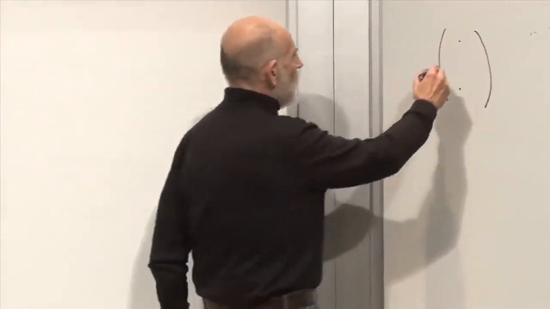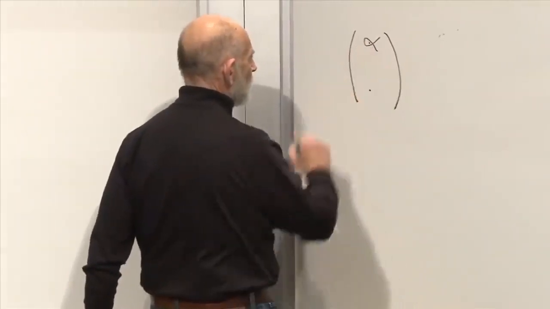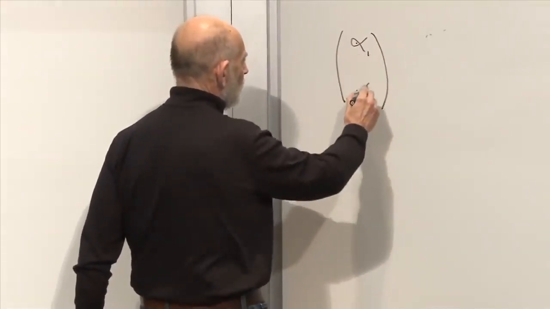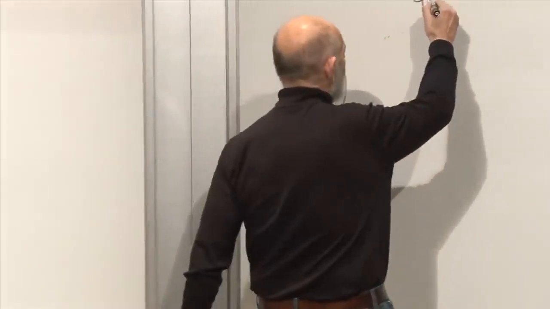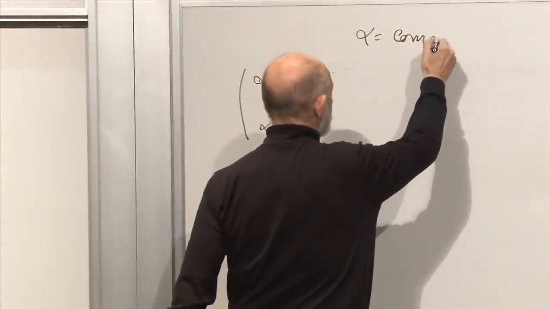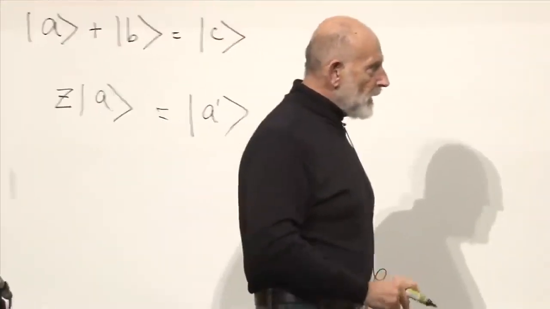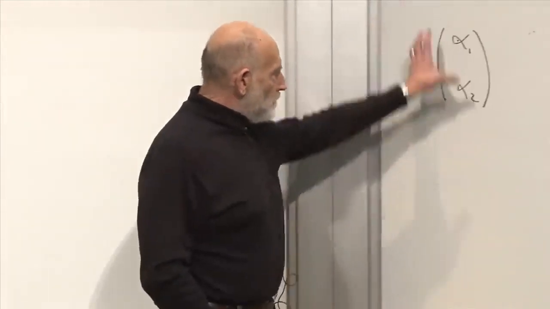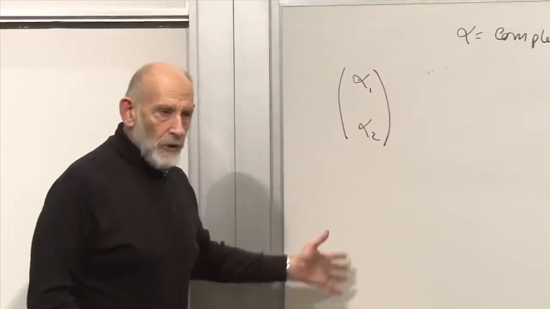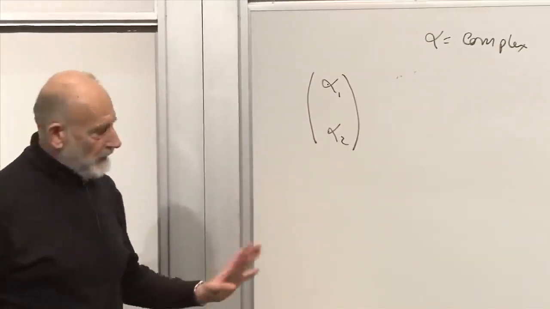The two entries are themselves complex numbers, alpha 1 and alpha 2, and they can be anything. The collection of such symbols is also a complex vector space.